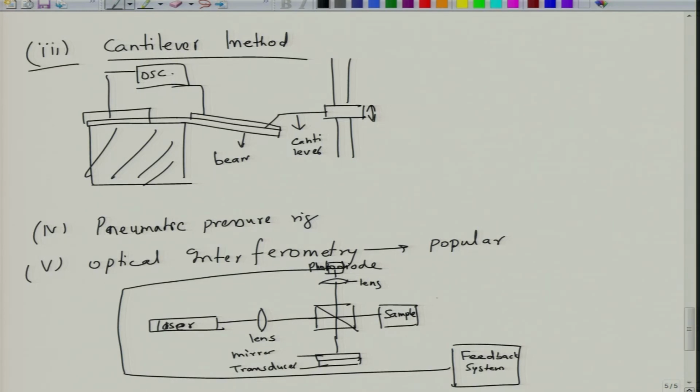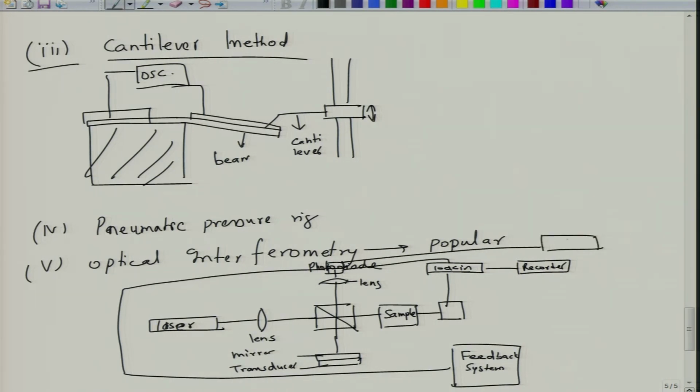When the laser falls on the sample under a load, it generates a signal. This signal goes to a lock-in amplifier, and this lock-in is connected to some recording device. The photodiode takes signal from the lock-in, and this goes to a monitor or oscilloscope.